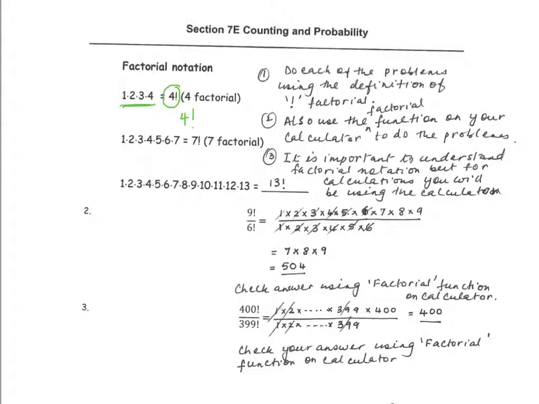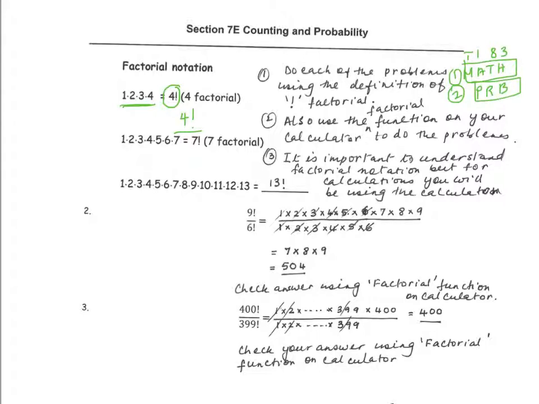So we can use the factorial button and hit enter to find the product 1 through 4. Now, where exactly do we find the factorial button? In a TI-83 calculator, look for the math button. Once you hit math, then select PRB.